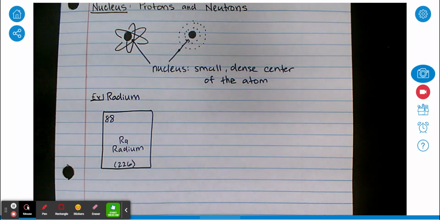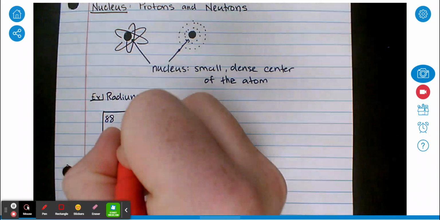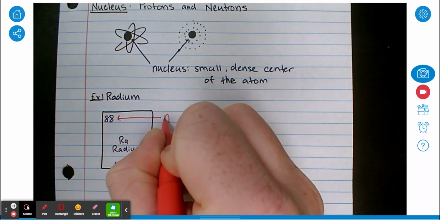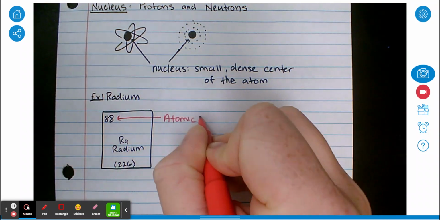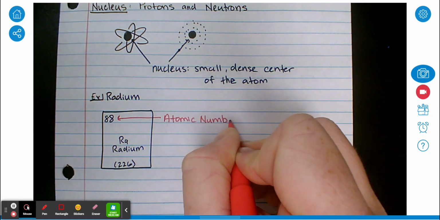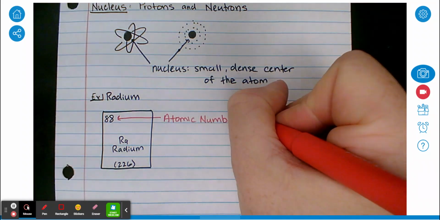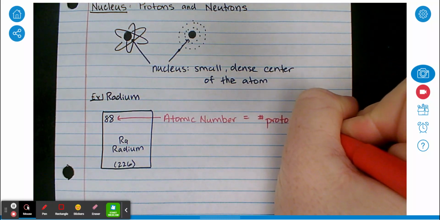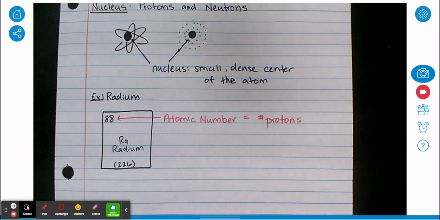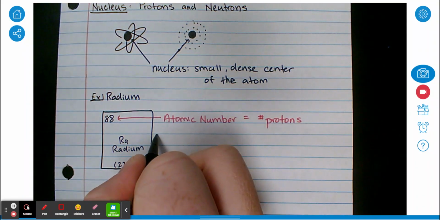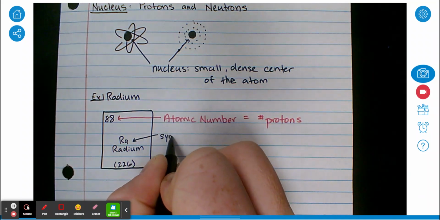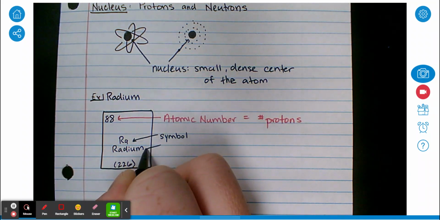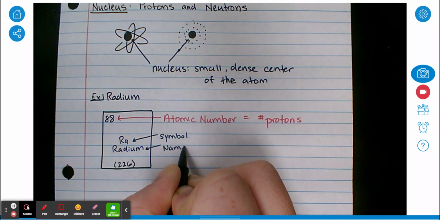Now, quick review with these element cards. The 88 at the top, this is what we call the atomic number. And your atomic number is always equal to your number of protons. Ra is our element symbol. Radium is our name.